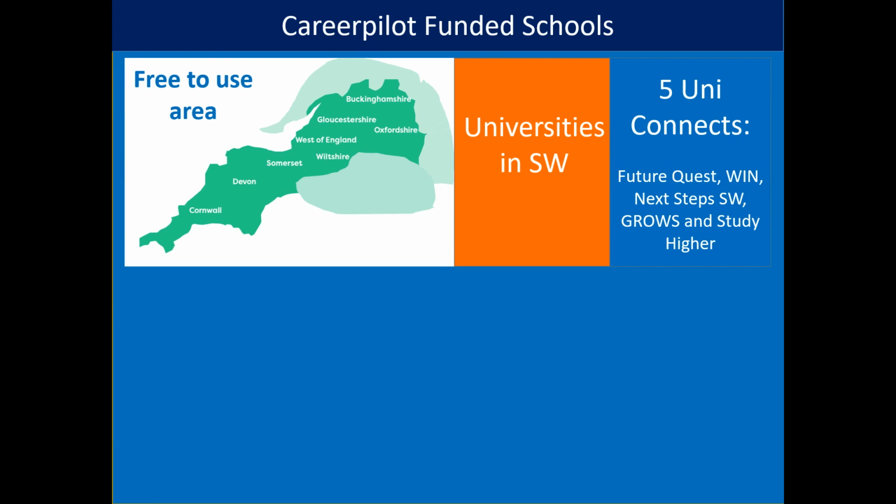Regarding how Careerpilot schools are funded, it looks slightly different depending on where your school or college is situated. If you're within this dark green area, you're in our free to use area, which means that our consortium of universities in the Southwest and also of UniConnects are paying for your access to use Careerpilot.